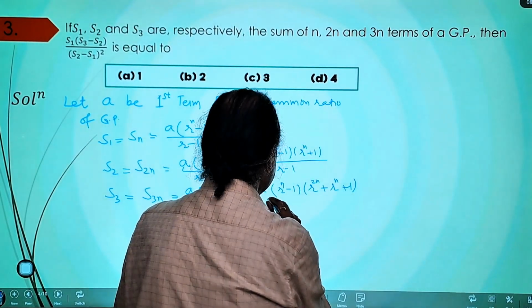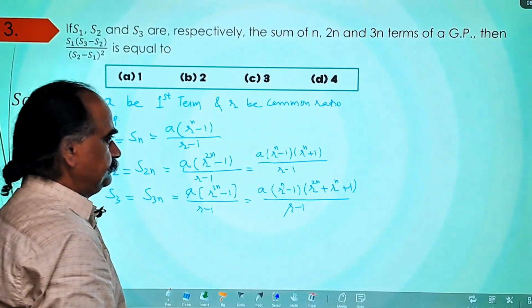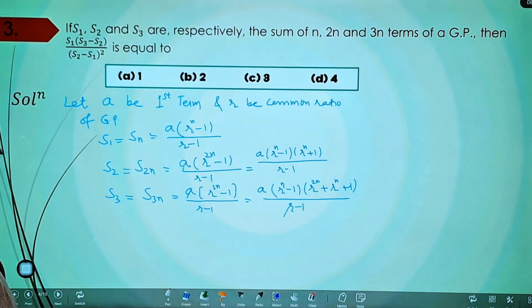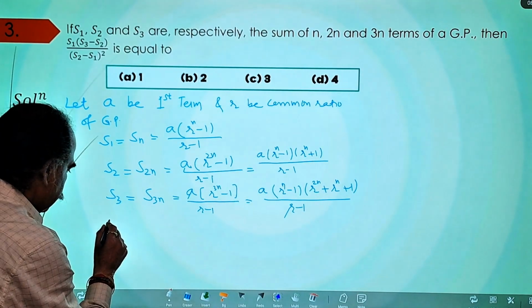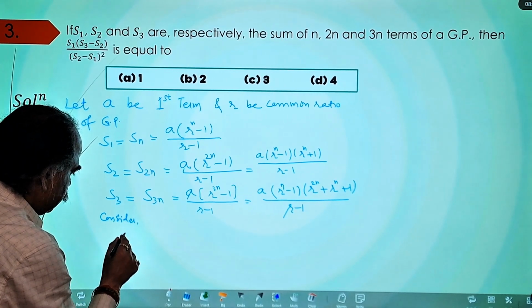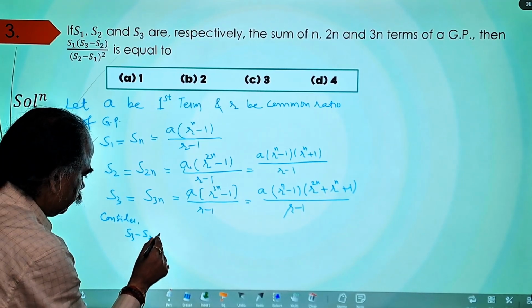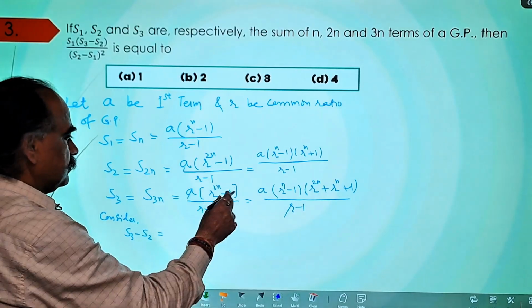Plus 1 divided by r minus 1. Now we'll find out S3 minus S2. Consider S3 minus S2. S3 is what?